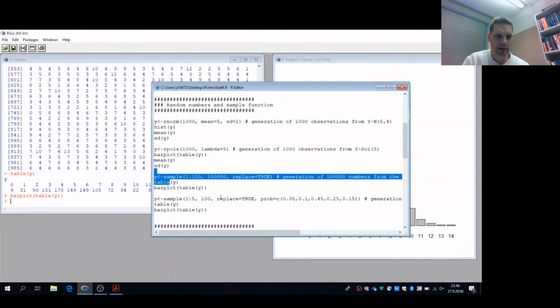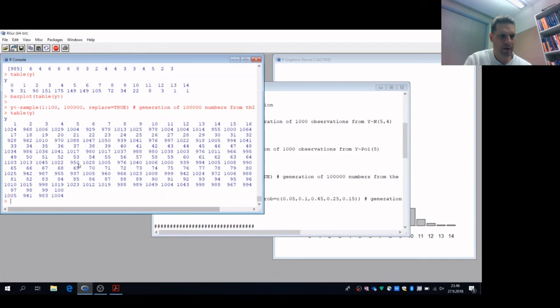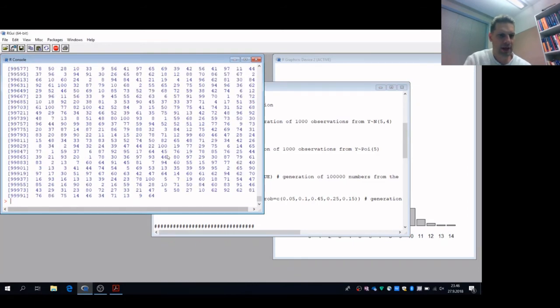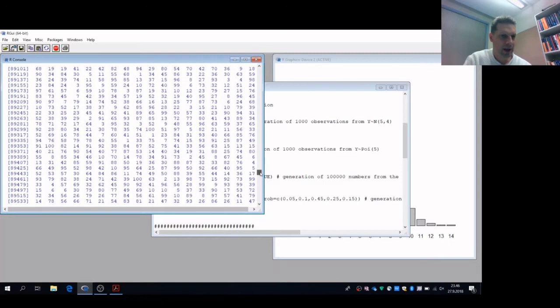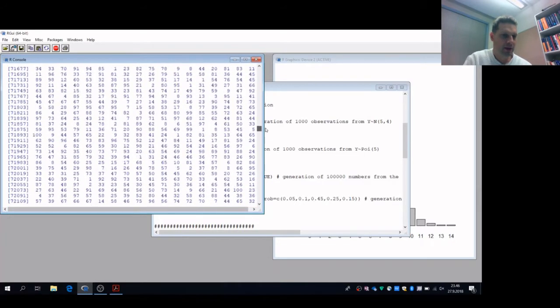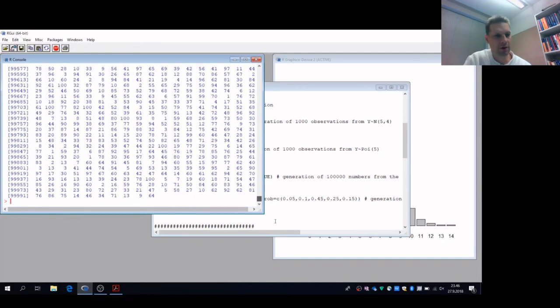So for example, in this case, I pick many times, actually 100,000 times, values from 1 to 100. And here is really the table of how it looks. So here are the numbers which have occurred. This is again integers, but now only the values from 1 to 100 can occur.